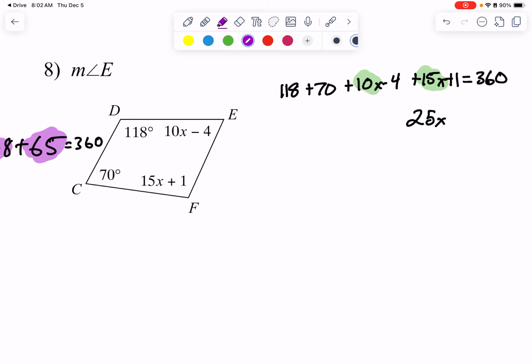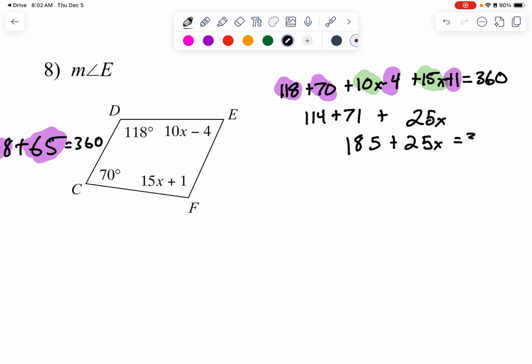Then for the other ones, I have a plus 1, a minus 4, plus 118, and a plus 70. Let's do that in a couple of stages. 118 minus 4 is going to be 114, and 70 plus 1 is 71. Then I can add those two together, and that would become a 5 for the ones, an 8 for the 10, so 80, 185 plus 25x equals 360.